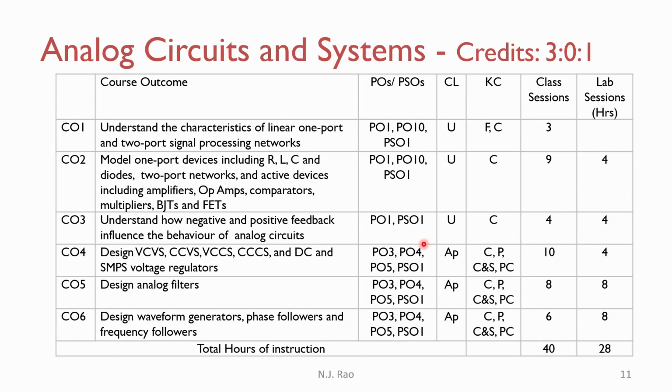Now, to compute all this, we take a sample course, analog circuits and systems. Credits are 3 classroom hours and 1 laboratory session per week, and there are 6 COs, and this is how we have written the POs and PSOs addressed here. As you can see, you have PO1, PO10, PO3, PO4 and so on, and PSO1.